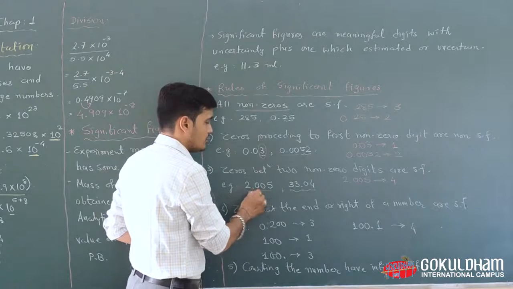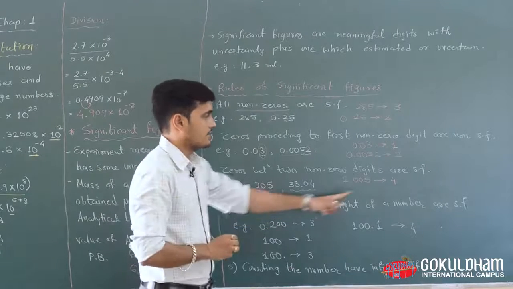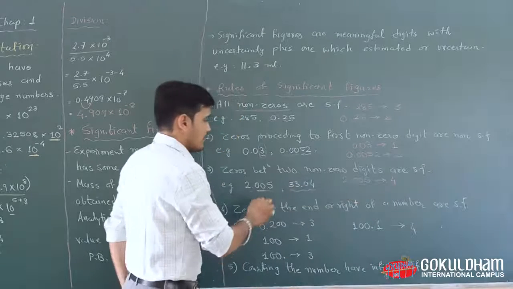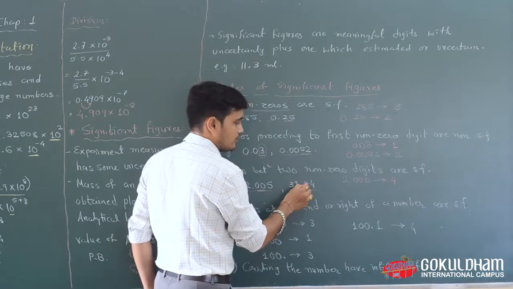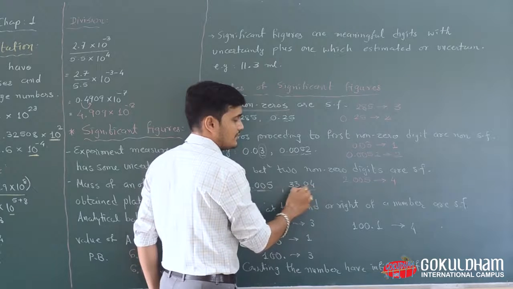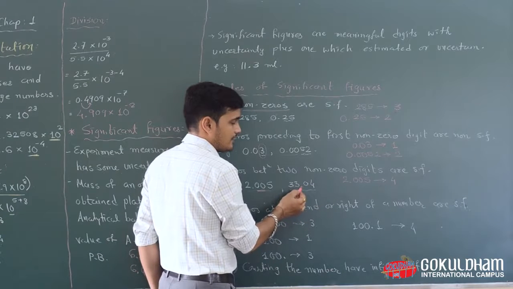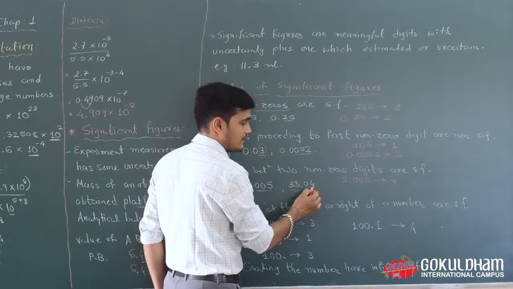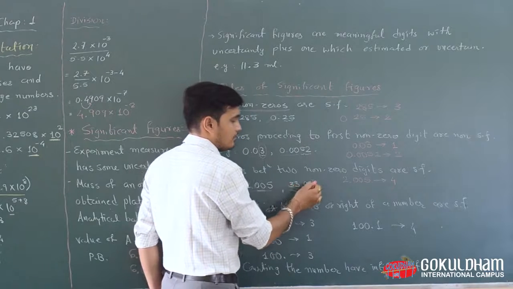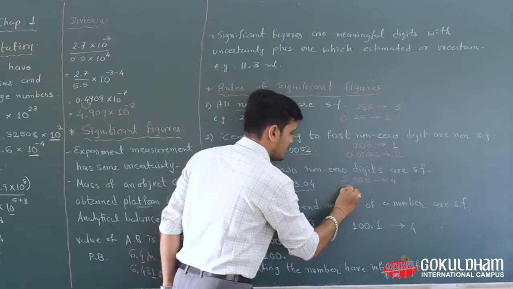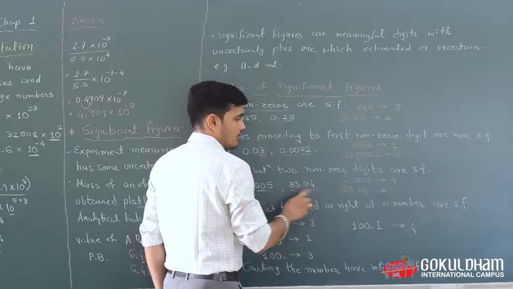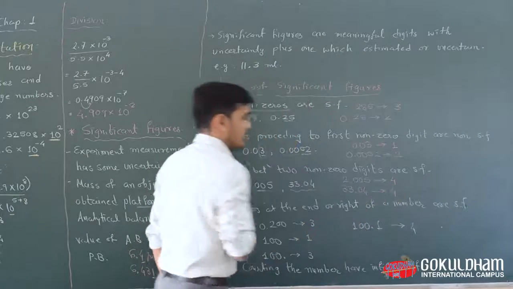This 2 is also considered a significant figure, so our answer becomes 4. In 33.04, this 0 is also sandwiched between 2 non-zero digits. On the left-hand side there is 3 and on the right-hand side there is 4. So again 1, 2, 3 and 4. So our final answer is 33.04 has 4 significant figures.